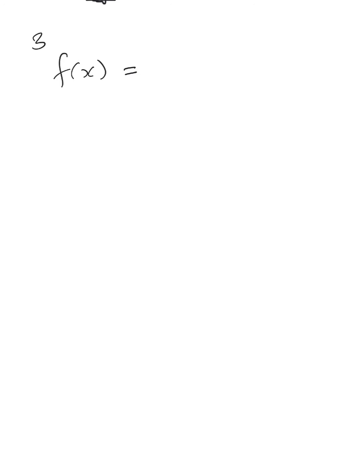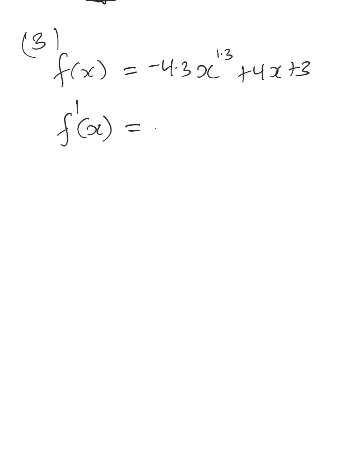We had f of x equals minus 4.3 x to the power 1.3 plus 4x plus 3. So what's the derivative of this function? This is going to be minus 4.3 multiplied by the derivative of x to the 1.3, then plus 4 multiplied by the derivative of x, then plus the derivative of 3.